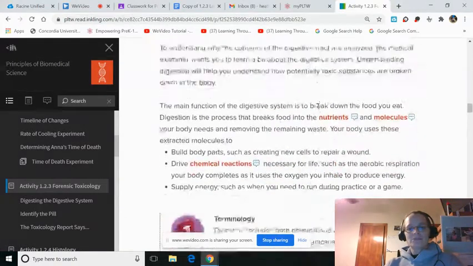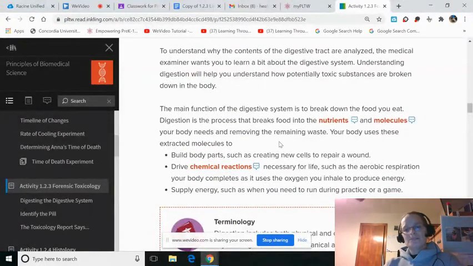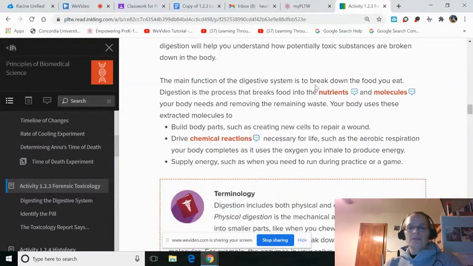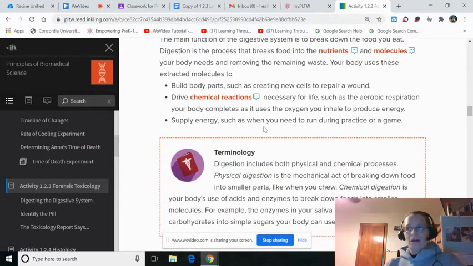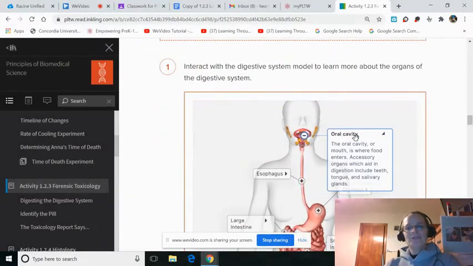So if we scroll down, the main function of your digestive system is to break down the food you eat into nutrients and molecules, carbohydrates, proteins, amino acids, lipids, and sugars too. All right, so we're going to interact with our digestive system here.